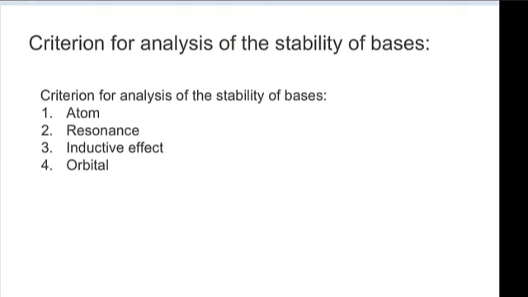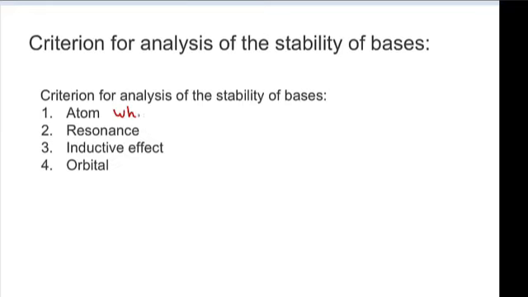Okay, so this is just a quick preview to help you organize your notes. The criterion that we're going to use to fully answer those 3 types of questions that we just talked about are as follows. We're going to be looking at the stability of bases, conjugate bases, really, based on these 4 criteria. So atom first.